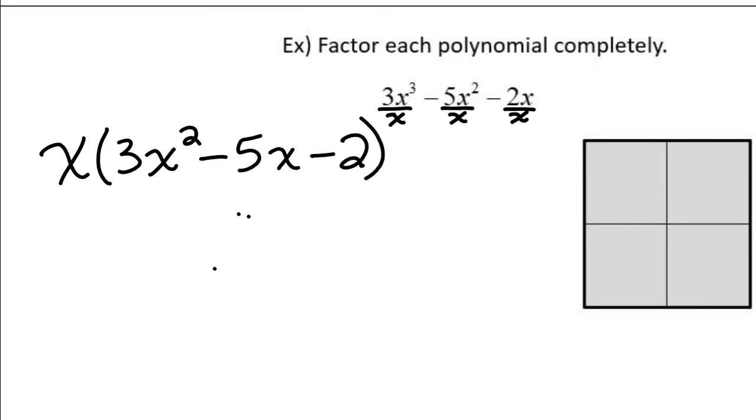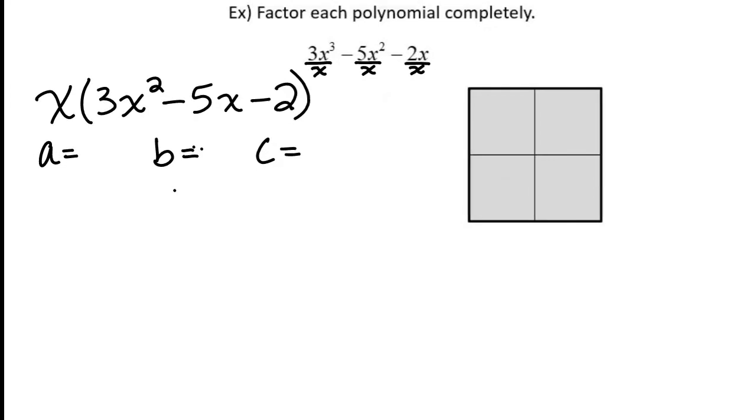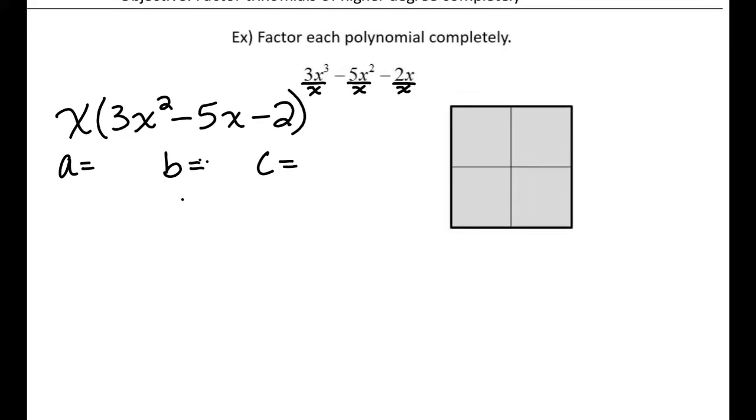Then we want to figure out what are a, b, and c. Can I have lefties tell your partner what are a, b, and c? All right, on a count of 3, tell me what is A. Ready?